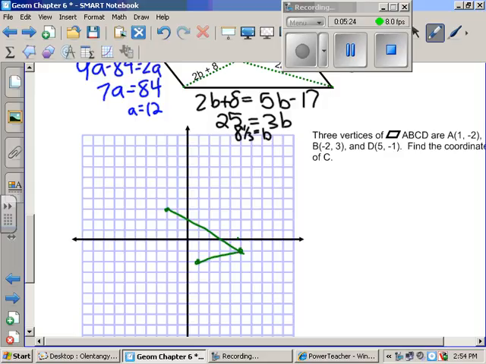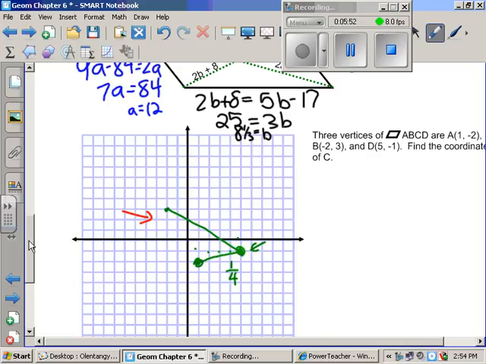Okay, what I know is that opposite sides are parallel. So to go from this point here to this point here, it's up 1 over 1, 2, 3, 4. So the slope of this side is 1/4. That means the slope of this side over here that doesn't exist yet is also going to be 1/4.